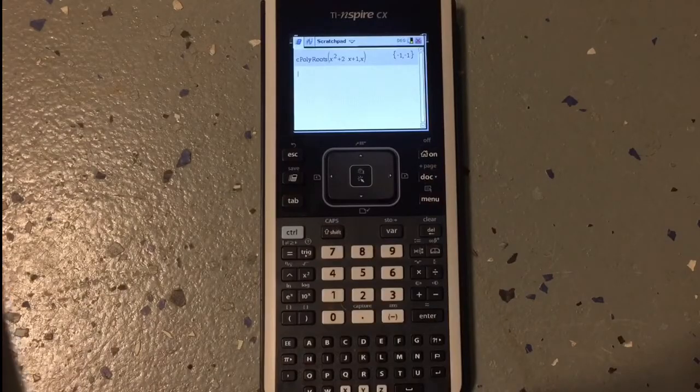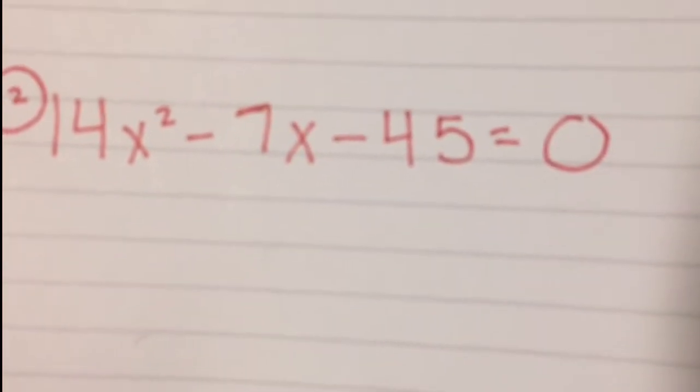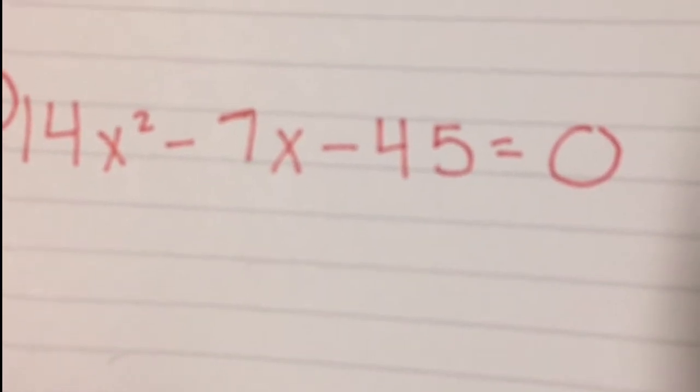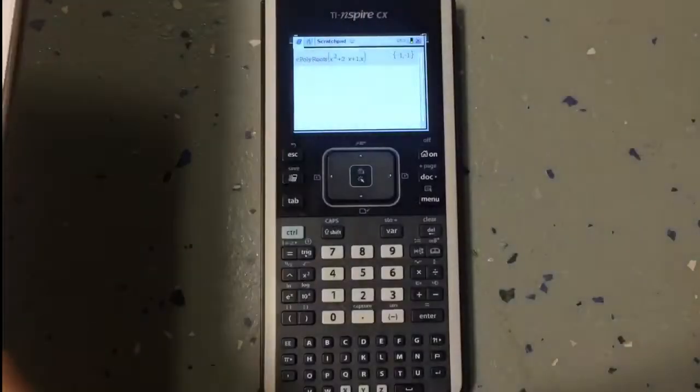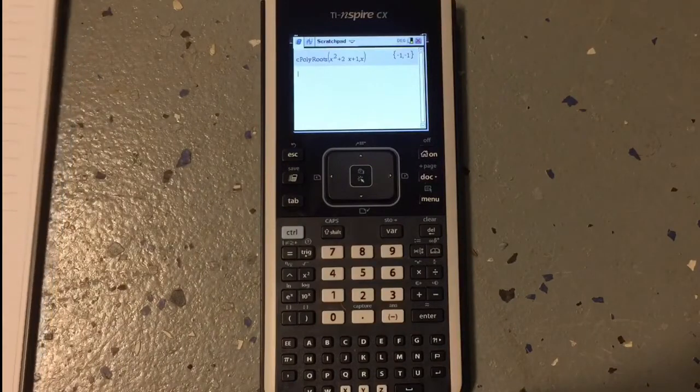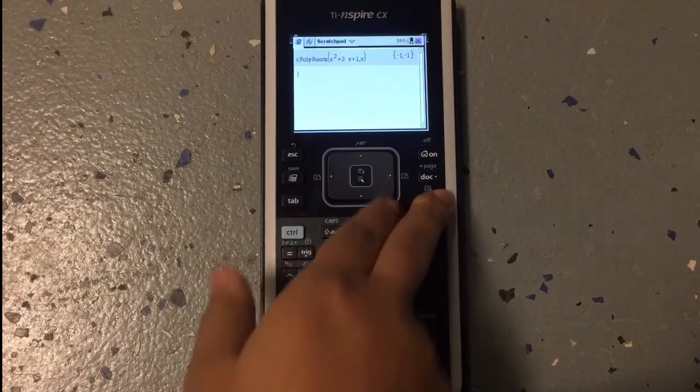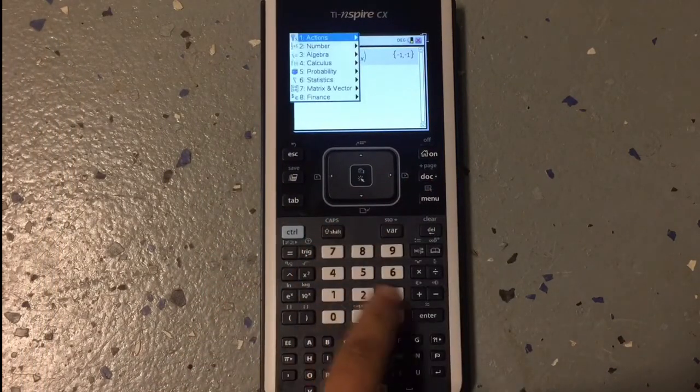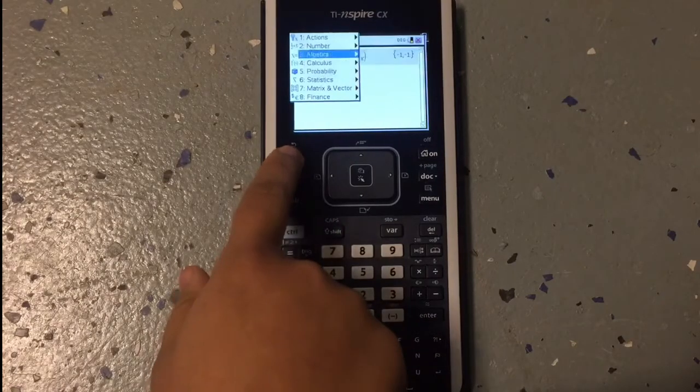Now let's do our second quadratic equation. We have 14x squared, subtract 7x, subtract 45. Now the only difference between these two is that this one is negative, but that's pretty easy as well. We're going through the same way. Let me start again.